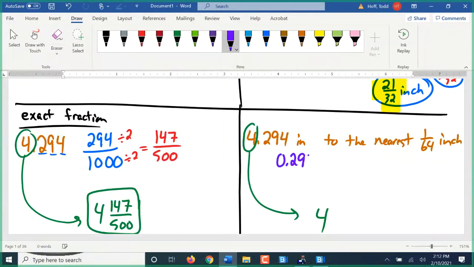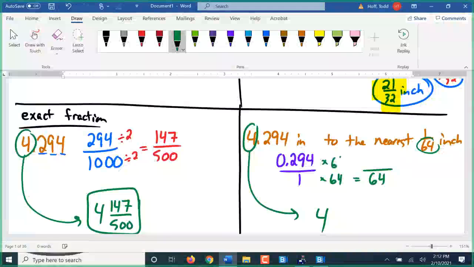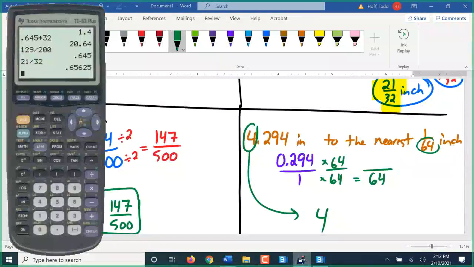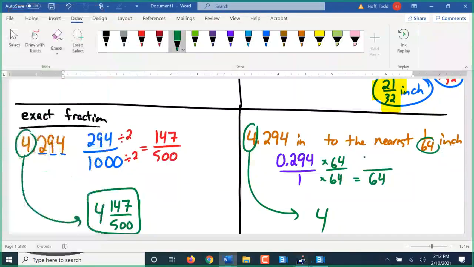So there's 0.294 there. I put it over 1 to make it a fraction. Notice the decimal point is still there. I want this to have a denominator of 64, so I'm going to multiply my 1 by 64 to make it 64. I have to multiply the numerator by the same amount. 0.294 times 64 is 18.816.